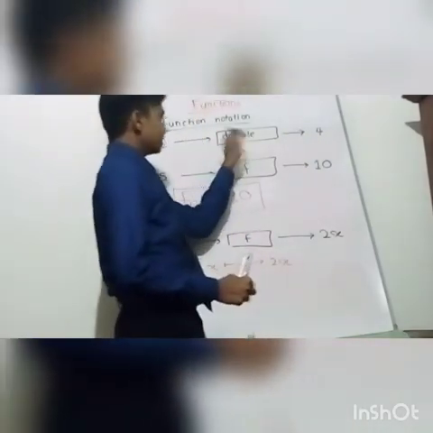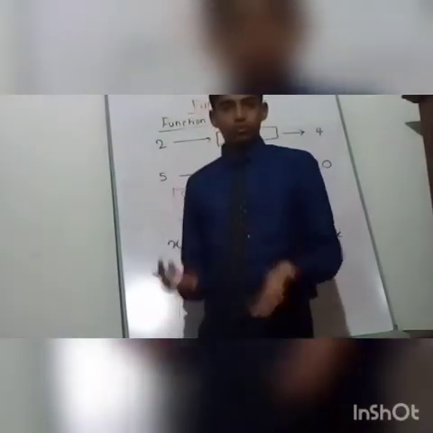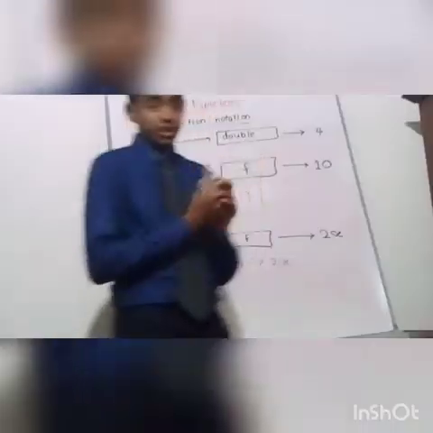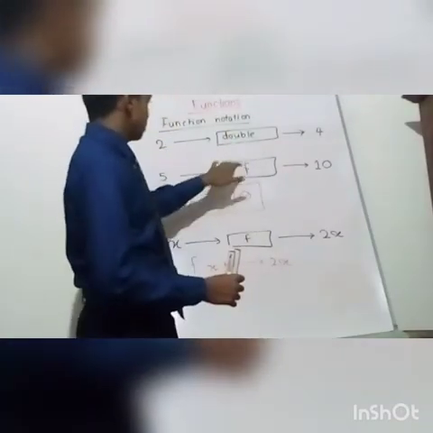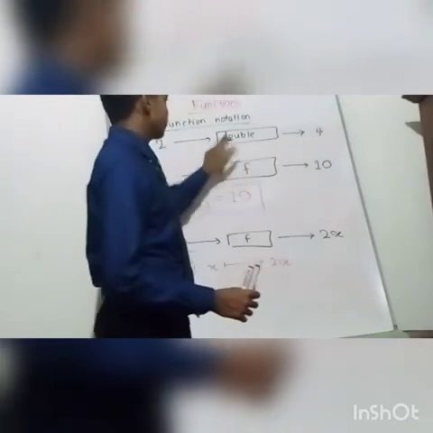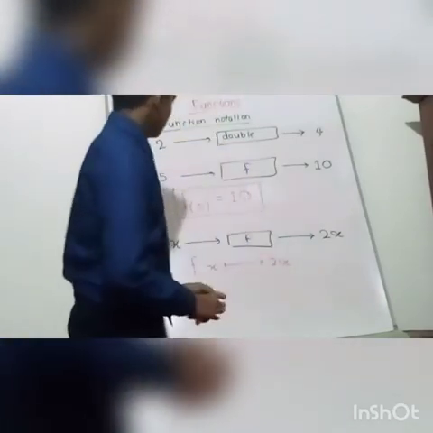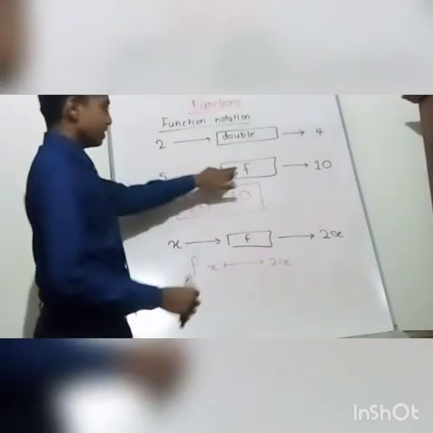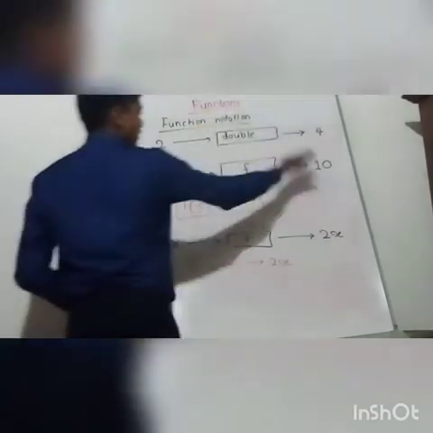Instead of the word double, I can put a letter. A letter we don't know, but we know what it means. If I put f to this function machine instead of double, f also means double. So if I insert 5 to this f function machine, I will get 10.